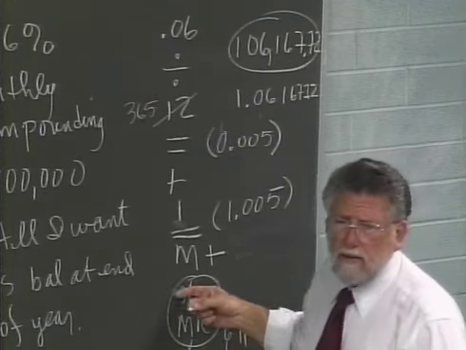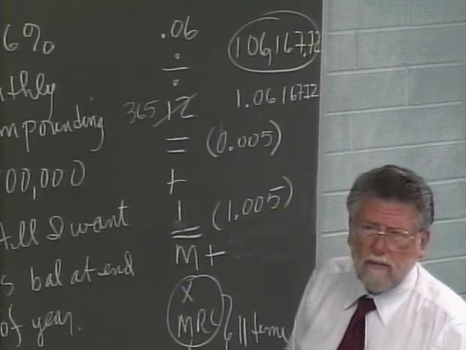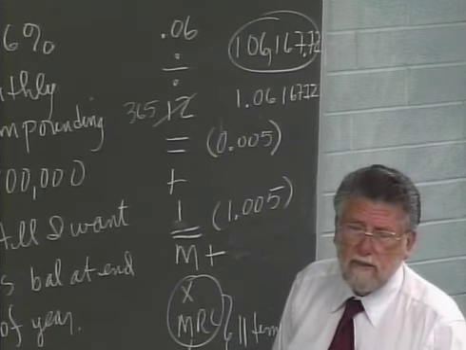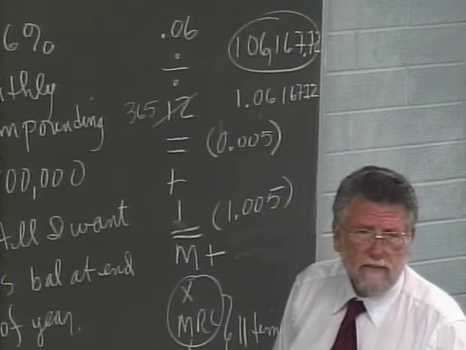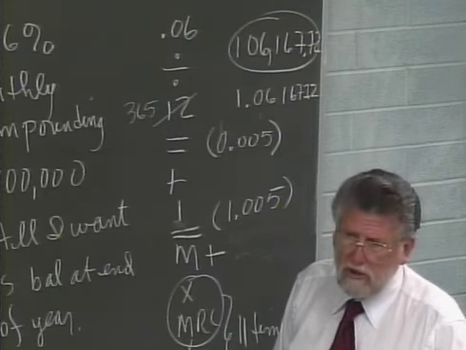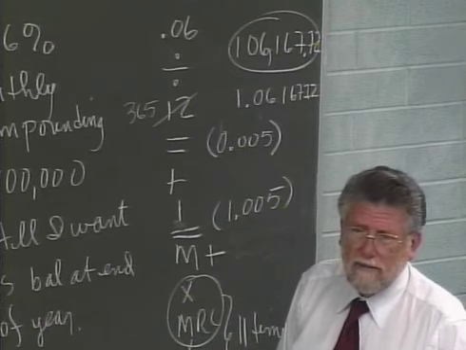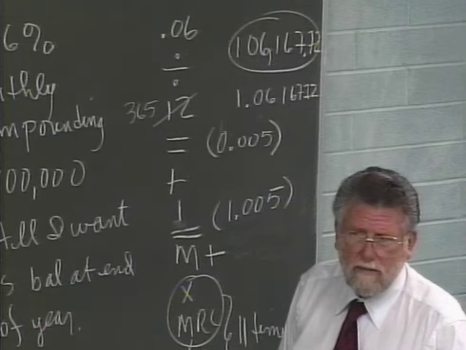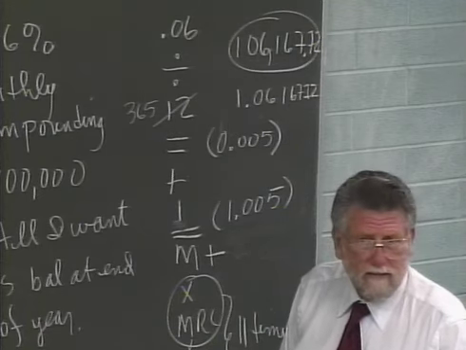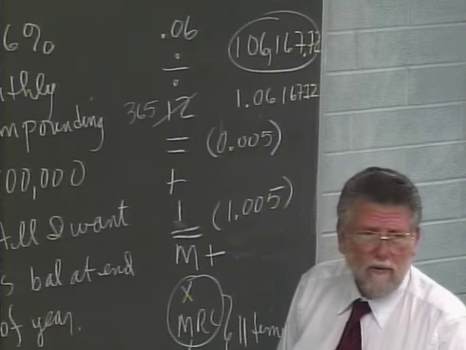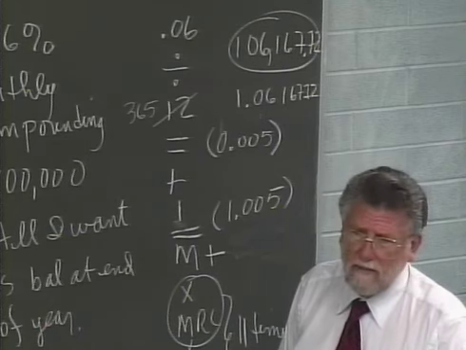And how many times would I hit times memory recall? 364 times, and that would give me the amount at the end of the year doing it daily. You remember there is a shortcut, doing it continuously. Do we get it? That is what you have to be able to do for the test tomorrow and the last problem.